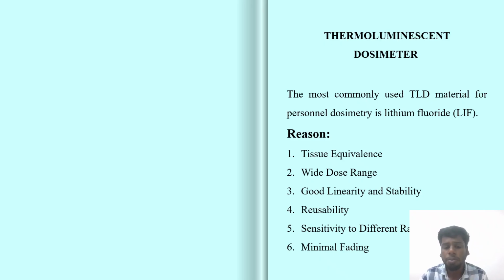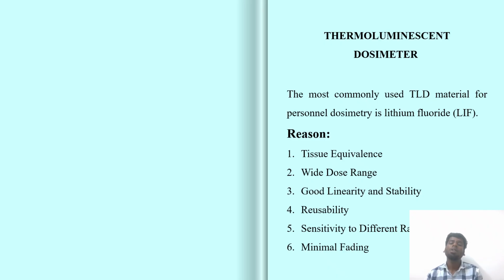Second, it is more expensive than film badges. Compared to film badges, the thermoluminescent dosimeter is so expensive. We also cannot reread the values, which means we cannot see again how much radiation was absorbed by us.